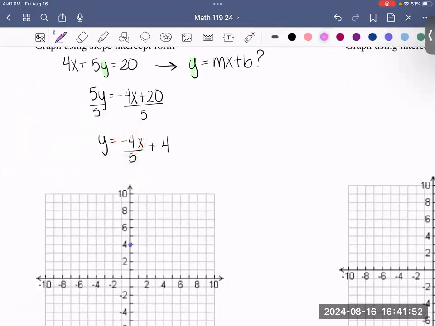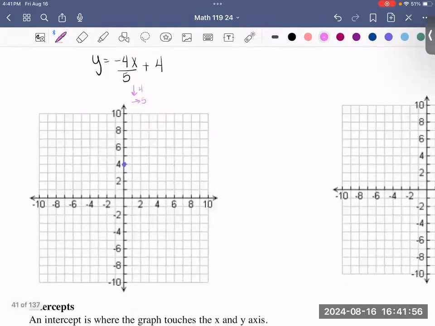So we're going to be going down 4 and over 5. Oops, too far over. So your very next point is over here. So graphing using your slope intercept form, we just need your slope and your intercept, your y-intercept, that is.